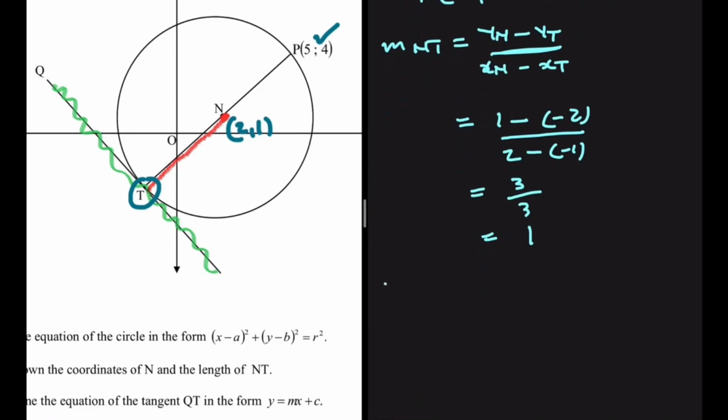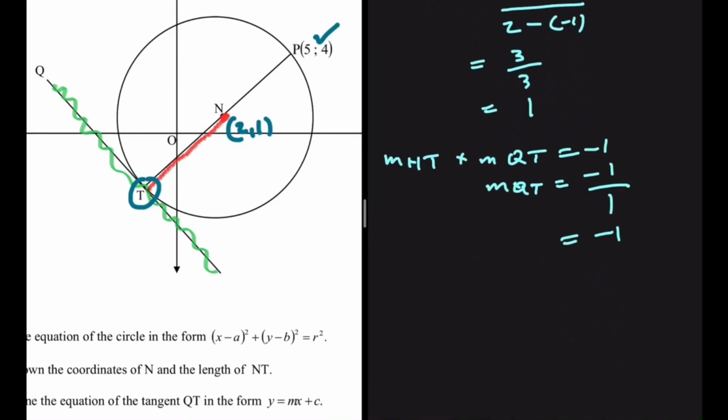Right, so now we can say that the gradient of nt multiplied by the gradient of qt is equal to minus 1. So the gradient of qt is going to be equal to minus 1 divided by the gradient of nt, which is 1. So the gradient of qt is equal to minus 1. So now we know that for the equation of the straight line of the tangent, y is equal to minus x plus c.